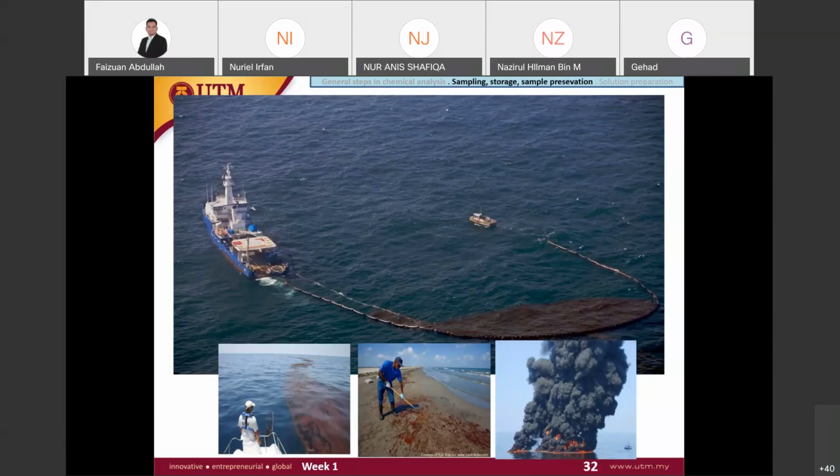What is the difference between horizontal and vertical types of water sampler? You see how we hold the water sampler. In the middle of the photo there, we can see the rope that we tie, and then we put the water sampler inside the sea or river, and it will be in vertical condition.